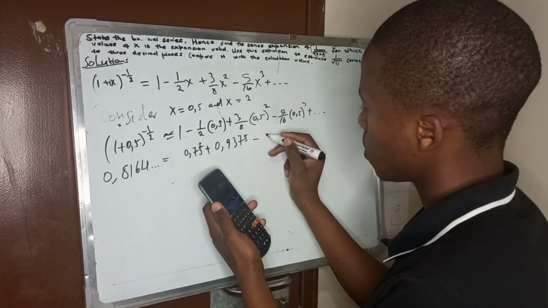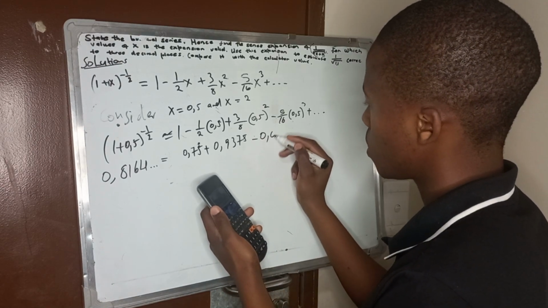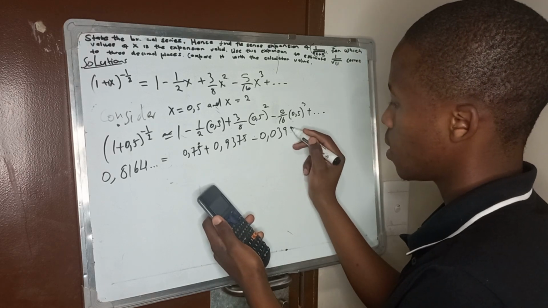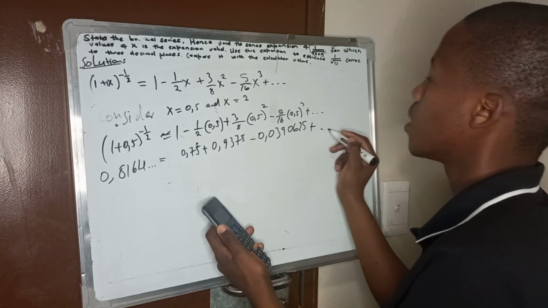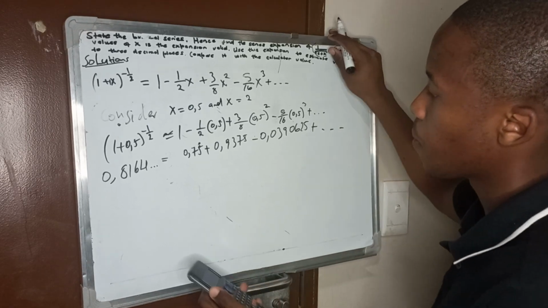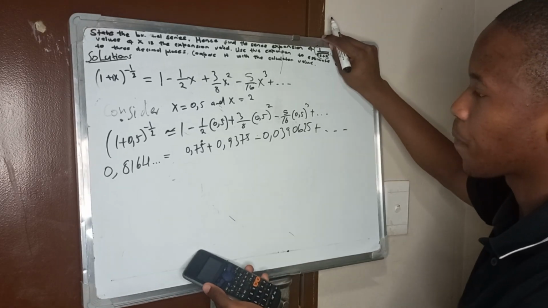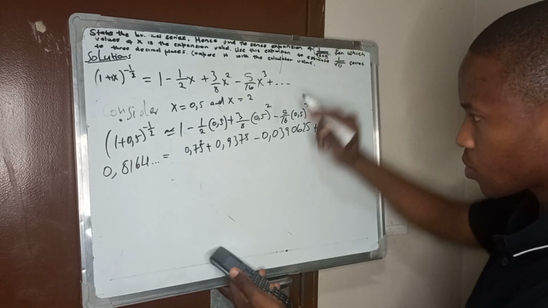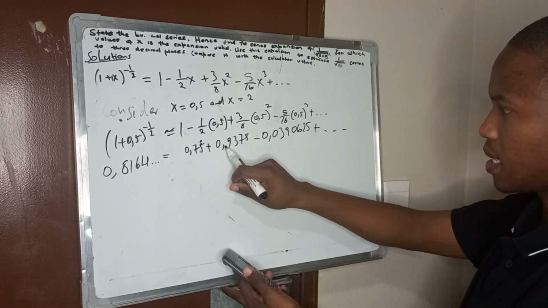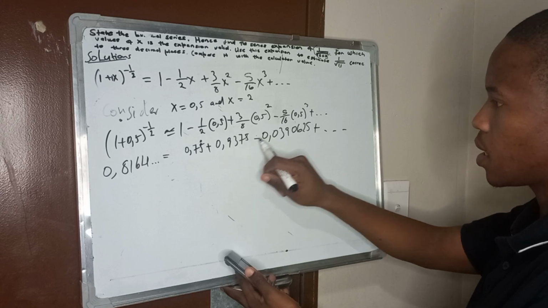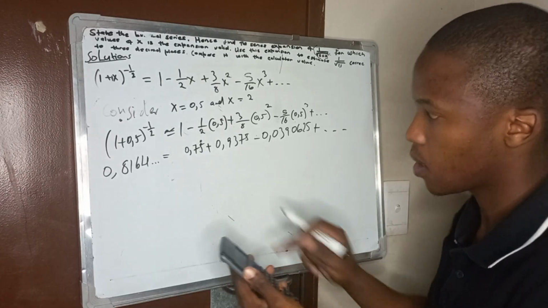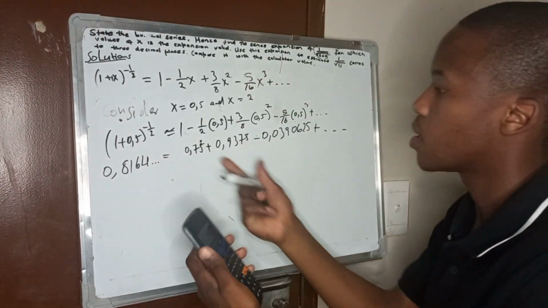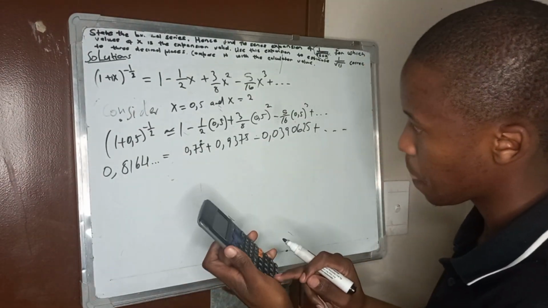Then I get minus 0.0390625 plus ... So now, these numbers are getting smaller and smaller and smaller. Okay, so now let's add only these 4 terms right here.